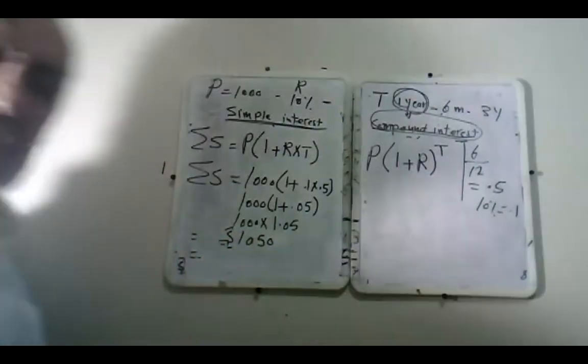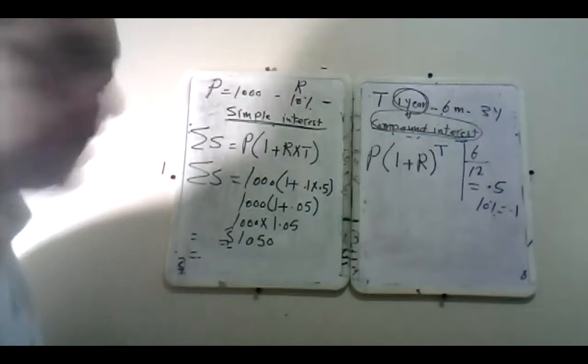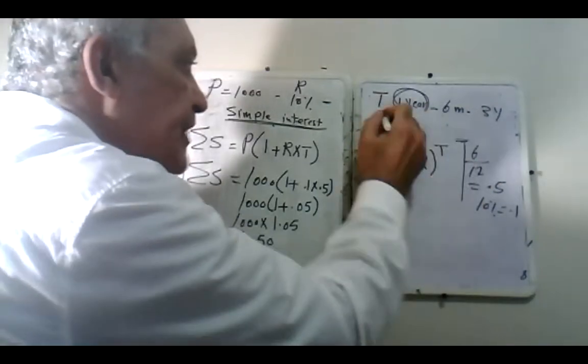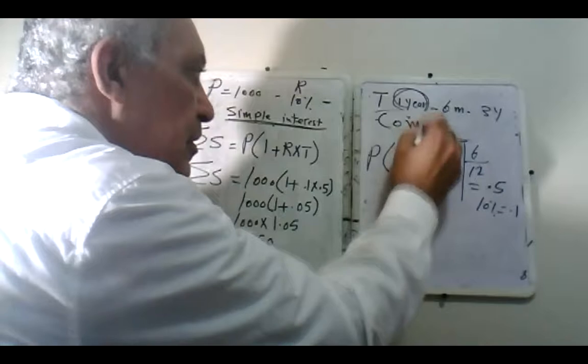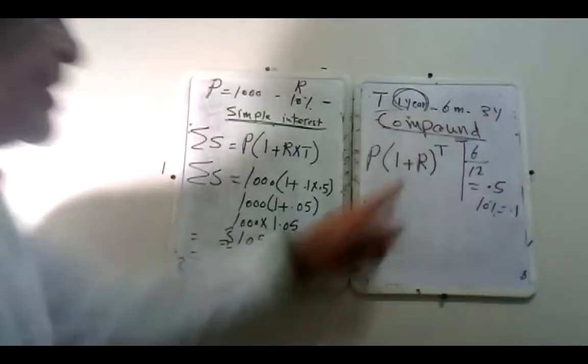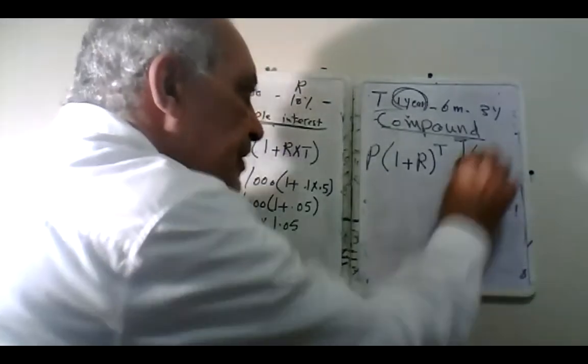Now, it's your turn to do this when it is compound interest. For the compound interest, what we will do is, the T is on the top, on the power. T is in the power. So let's go for it.